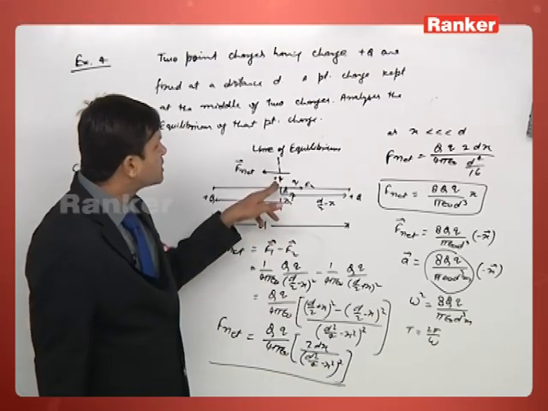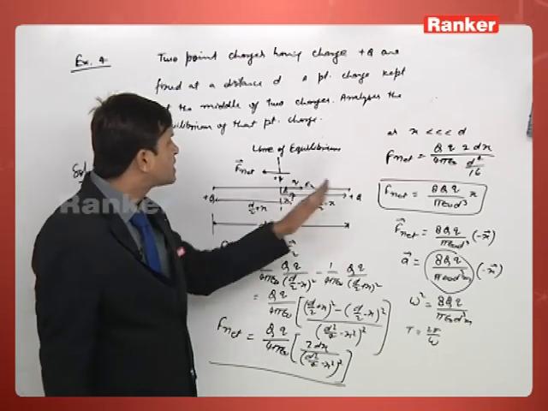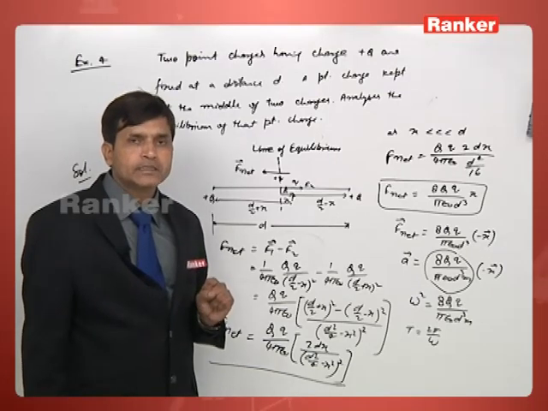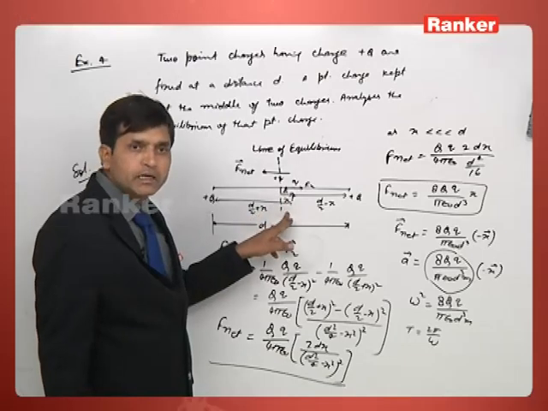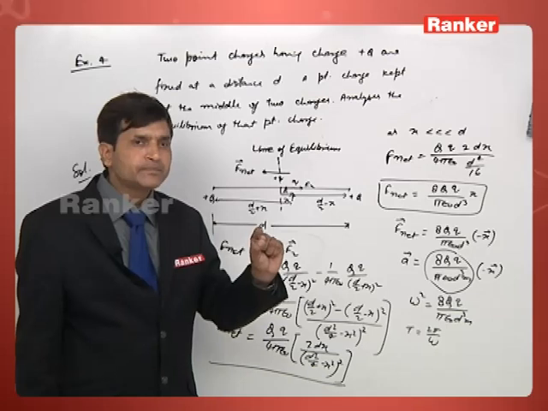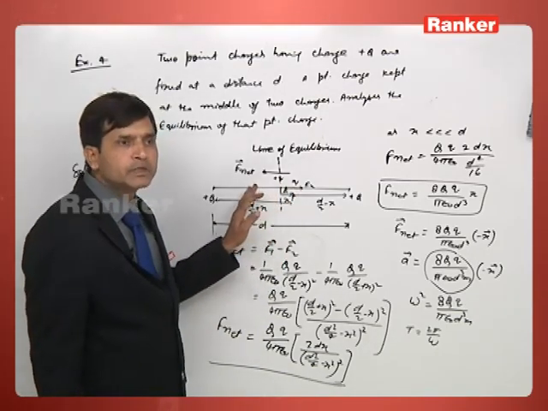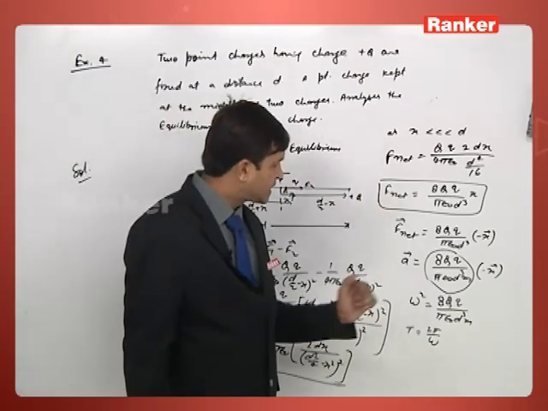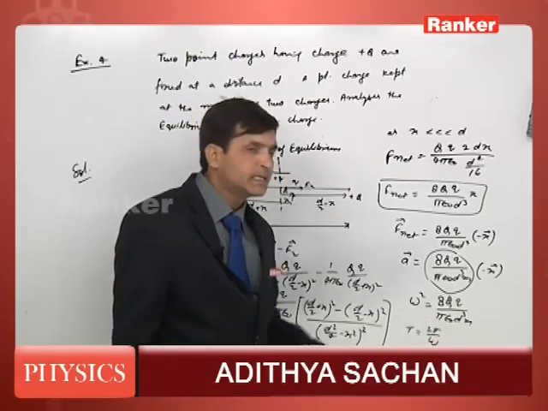If the positive charge is displaced slightly from the mean position along the line joining the two charges, then the equilibrium of the charged particle was stable, and if the displacement is very small, the charged particle will perform simple harmonic motion, which can be given by this result, and the time period of simple harmonic motion can be given by this relation.